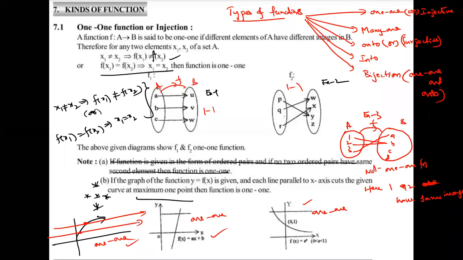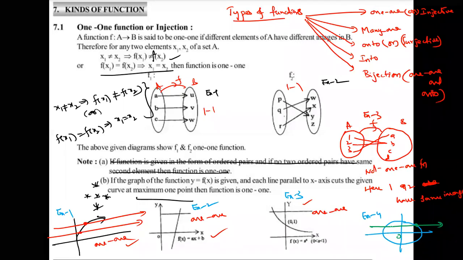Now see, is it one-one? Example 4. Anyone? Is it one-one? No. Why? Because if we draw a line parallel to the x-axis, it meets 2 times.